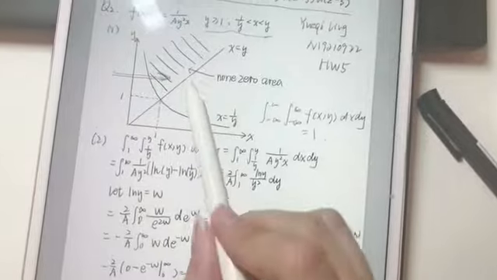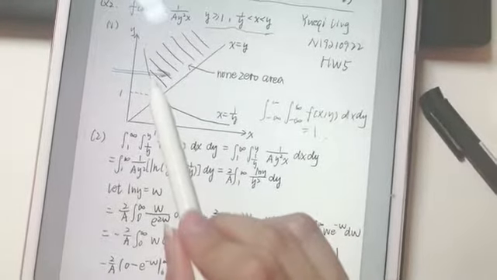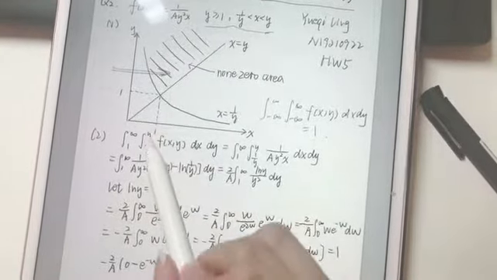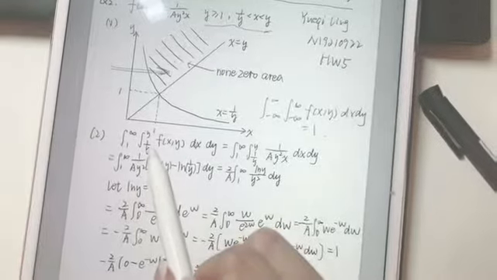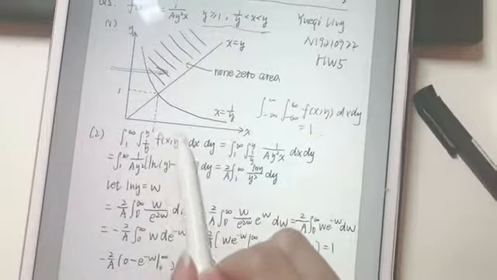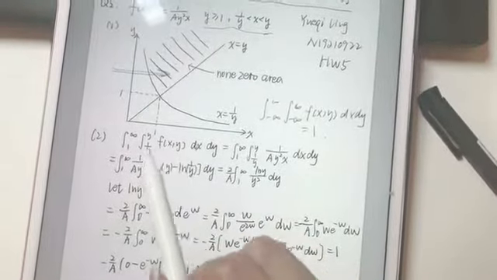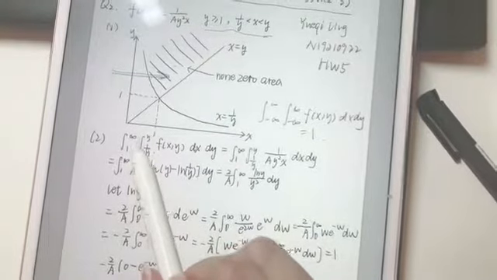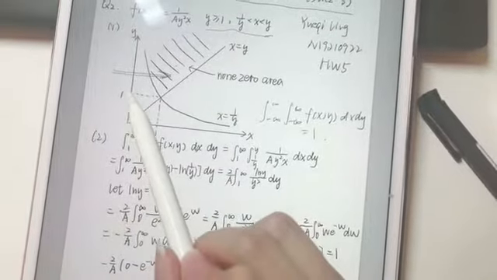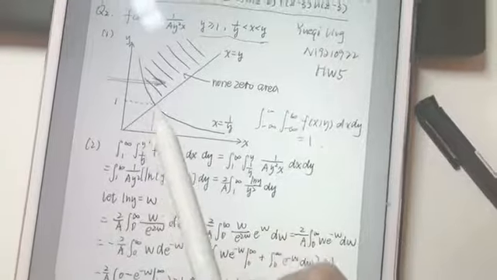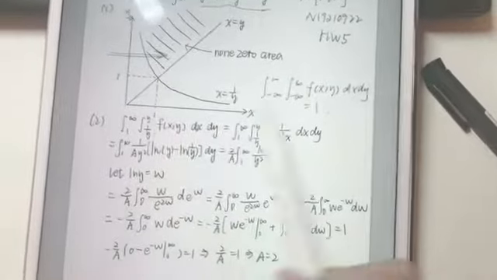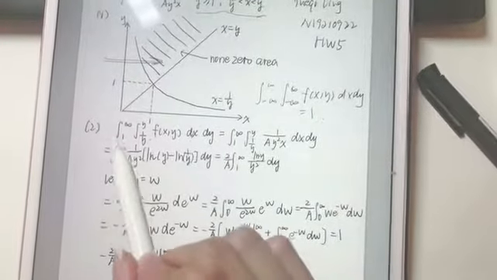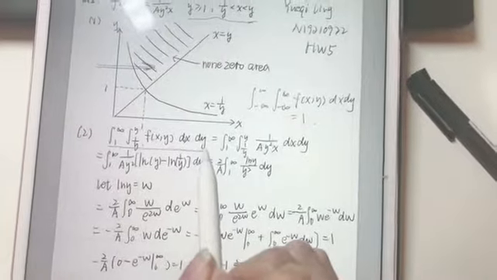That is x is from 1 divided by y to y, and y is between 1 to infinity. So we can get the integral in this expression.